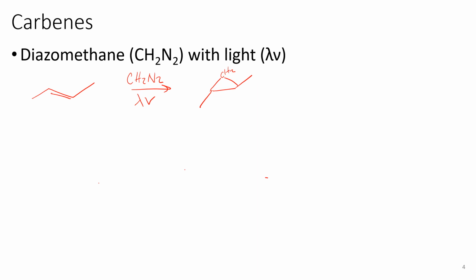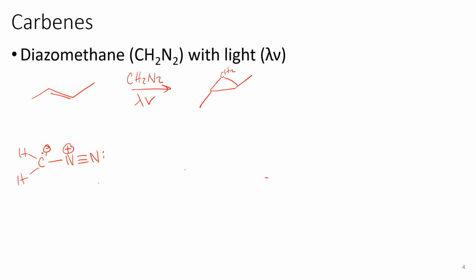So let's quickly look at the mechanism for diazomethane. One of the resonance structures for diazomethane would be this nice betaine, where we have the negative charge and a lone pair of electrons on the carbon atom, at the same time that we have the positive formal charge on that middle nitrogen that has 4 bonds associated with it.